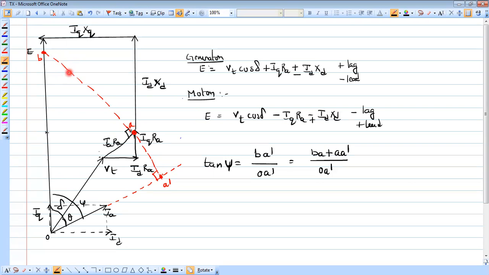We always represent a reactance drop perpendicular to the resistive drop. So this will be some reactance drop. Let us take it as X into some Ia or Iq.